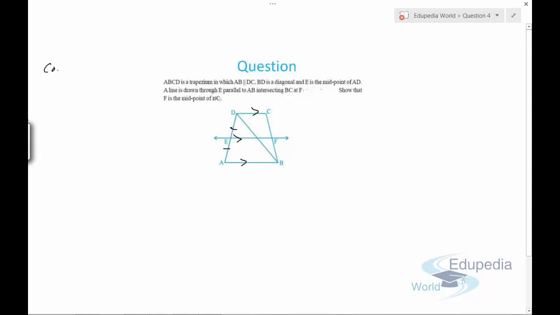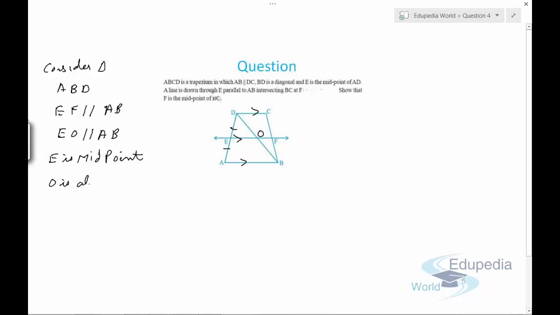Now first of all, consider triangle ABD. In this triangle, EF is parallel to AB, or let's say this point is O, so we can say that EO is parallel to AB and E is a midpoint. Then we can say that O is also the midpoint of side BD.